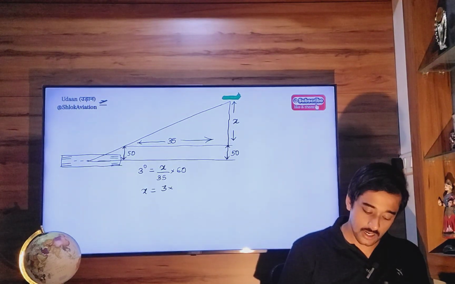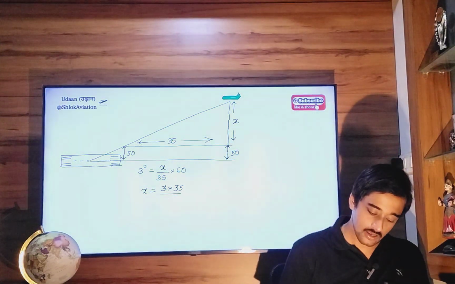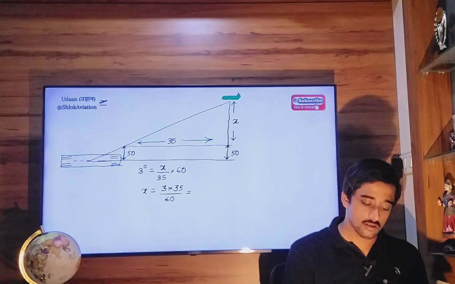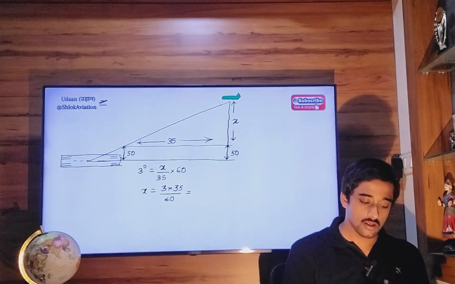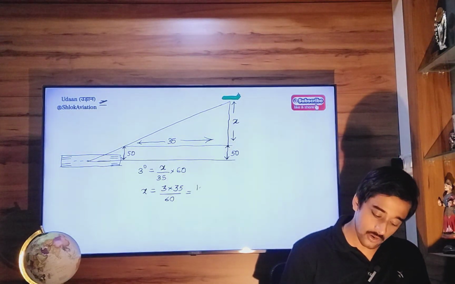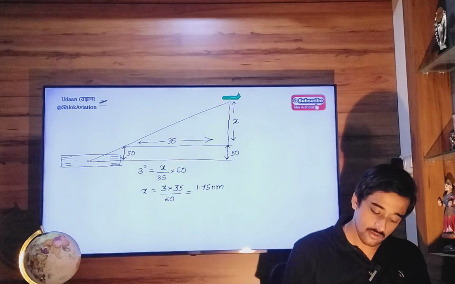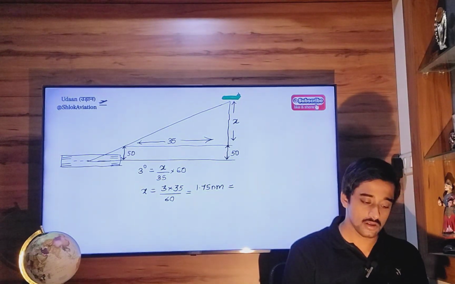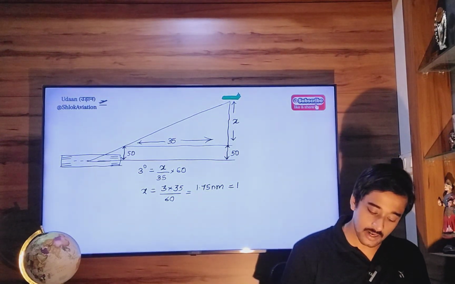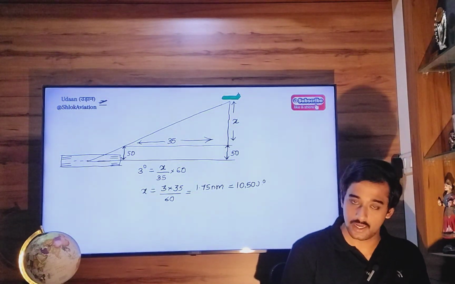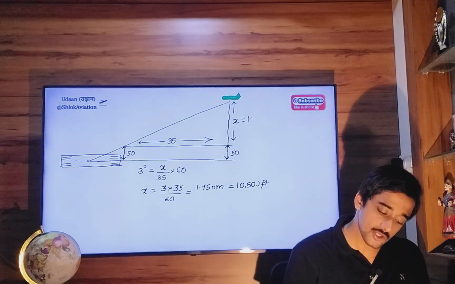So 3 into 35 by 60 is 1.75 nautical miles, which is equal to 10,500 feet. Okay. So this x is 10,500 feet.